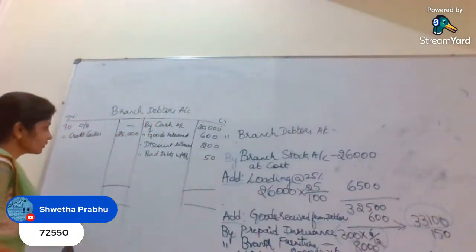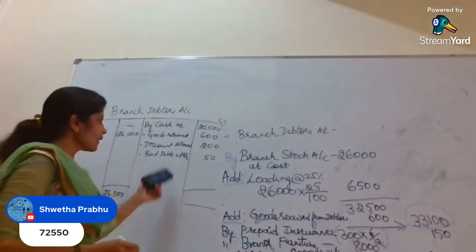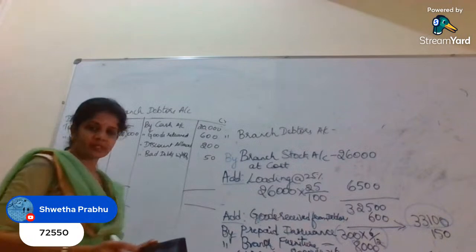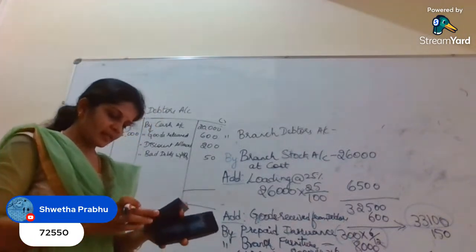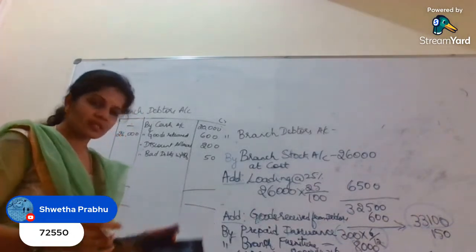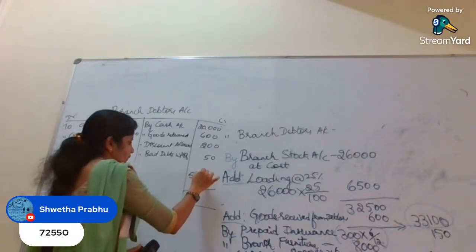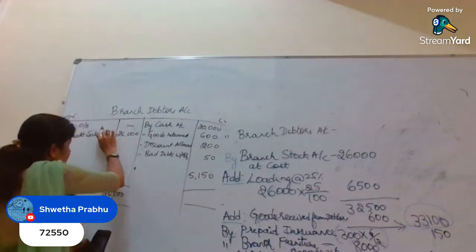Now take the total. Credit side is more. 26,000 minus 20,850. It is 5,150. This 5,150 is closing balance. This is opening balance.